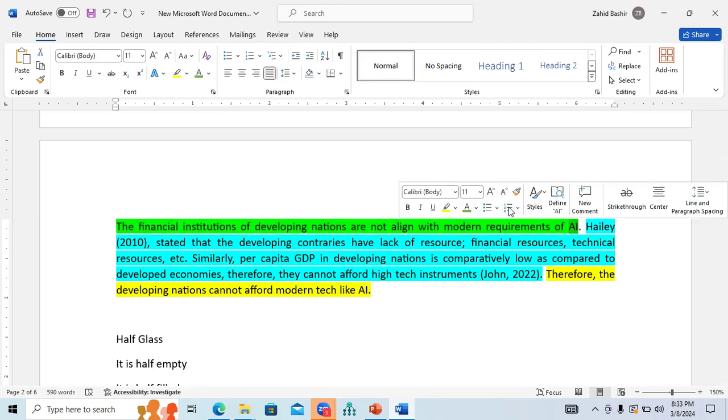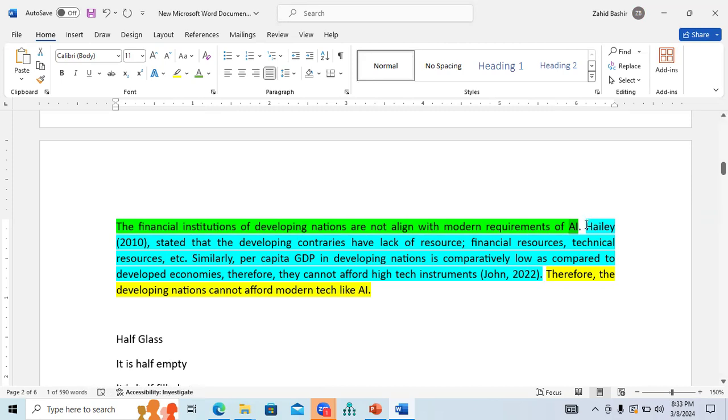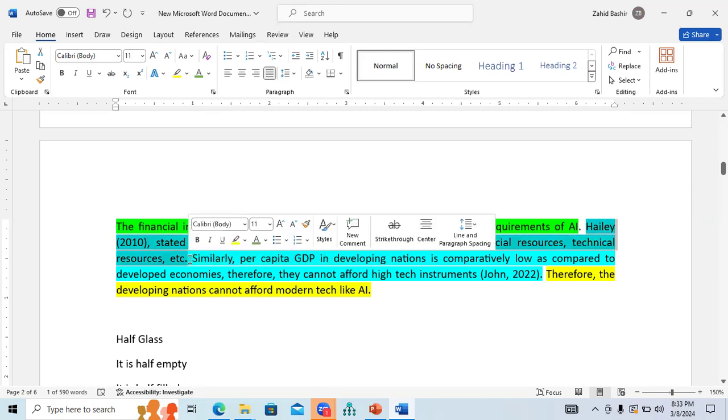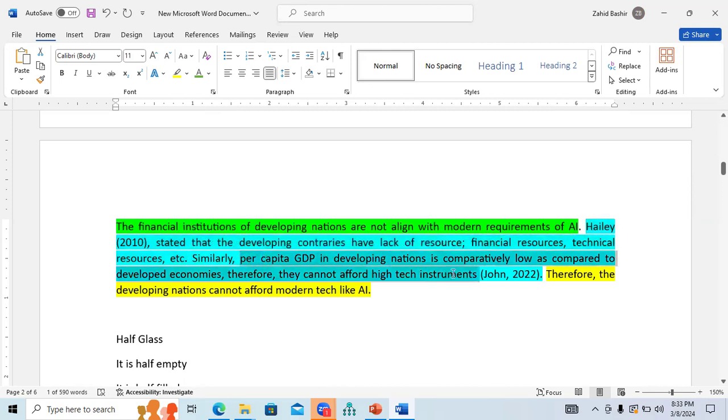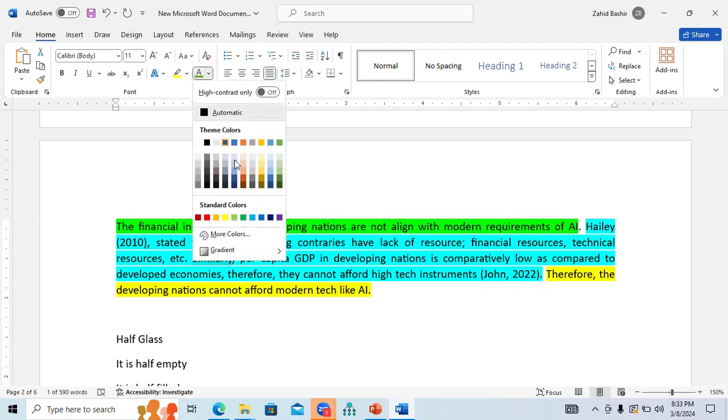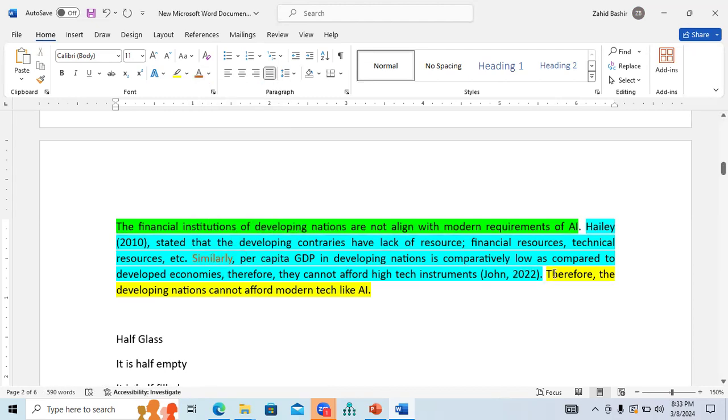Then I provided some evidence in support of that claim. This was my first, and this was my second one. Observe that there is a word, similarly, which is being used as connectivity, and therefore is also used as a word of connectivity.